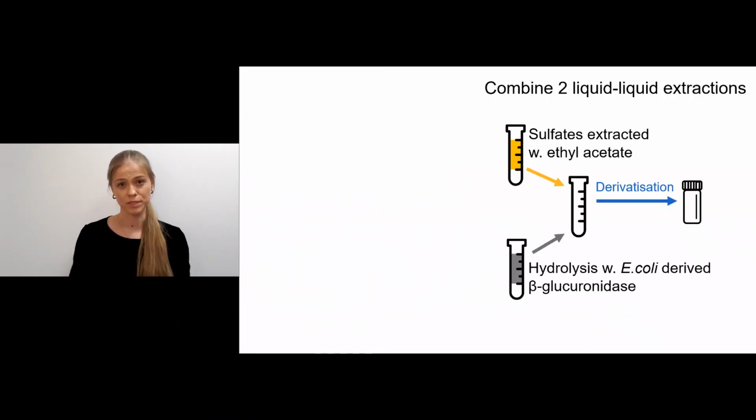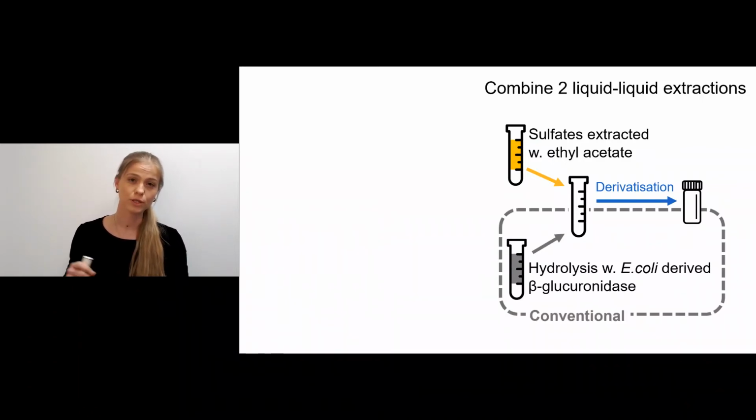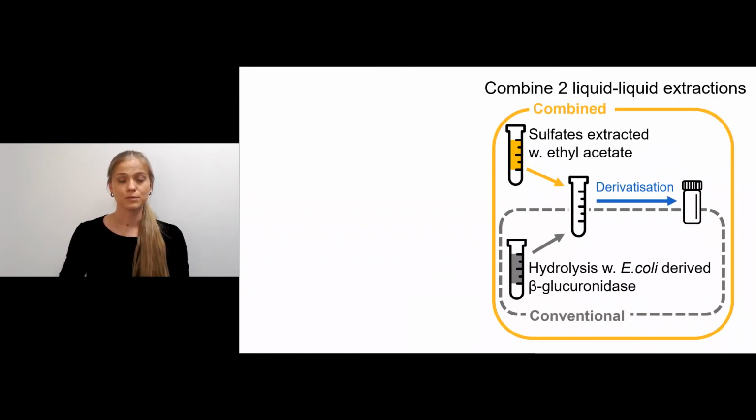As for the sample procedure, it is a combination of 2 different liquid-liquid extractions. And as we also include the quantification of the endogenous steroids, we are required to include a hydrolysis in this procedure that we refer to as the combined sample preparation.